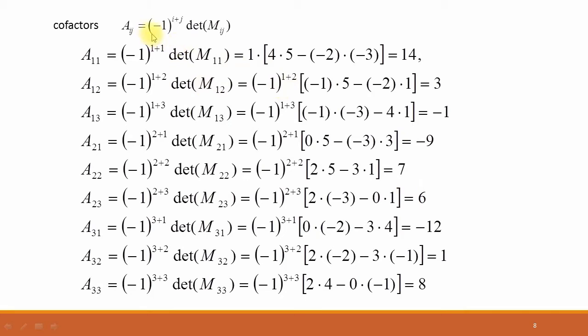Now to find the cofactors of the entries of the matrix A. Aij means the cofactor of the element aij of the matrix A, which can be found using this formula: minus 1 to the power i plus j times the determinant of Mij. So A11 means minus 1 to the power 1 plus 1 and the determinant of M11.